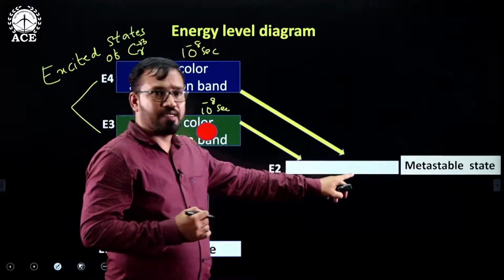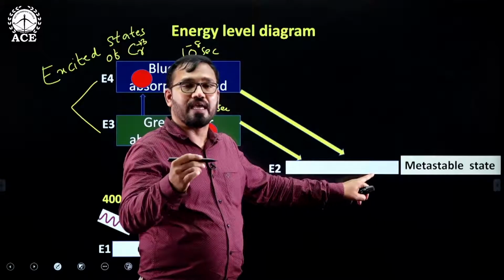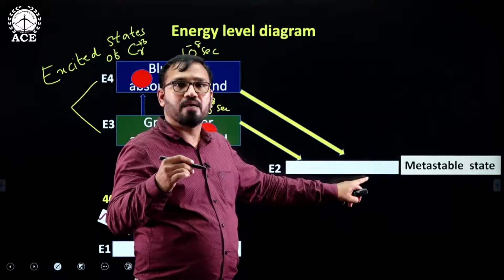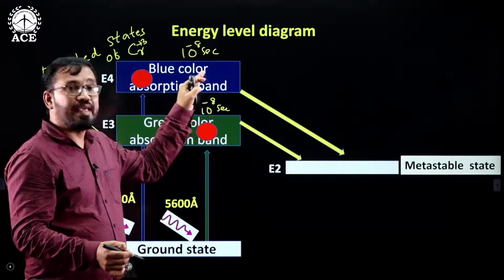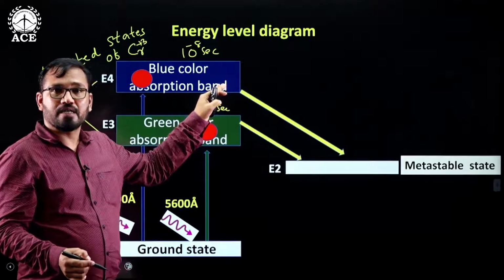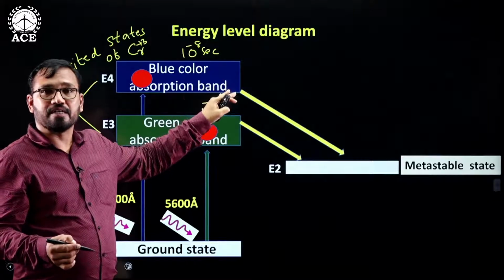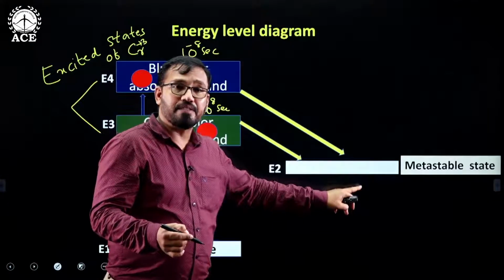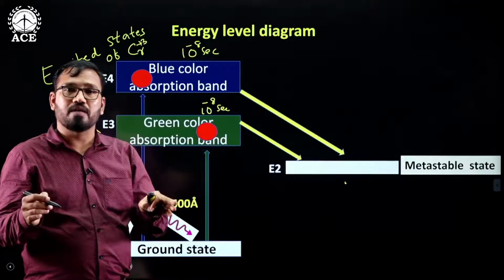It is a state where atoms can stay some extra time. They can stay more time in the metastable state, which is not possible in the excited state. Atoms can't stay much time in the excited state. In the metastable state you allow the atoms to stay for some more time.